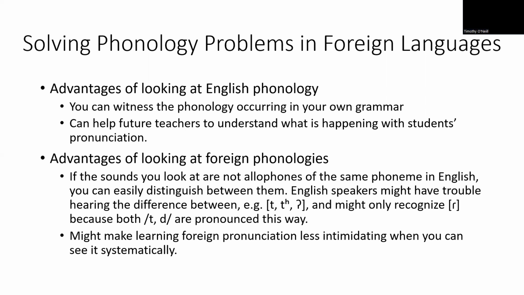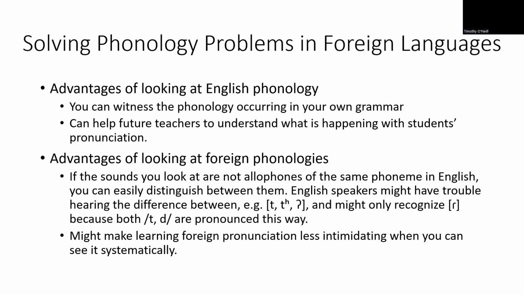But when people study phonology, they actually often don't look at their own language. Like I said, English speakers might have trouble hearing the difference between the T in stop and the T in top and the T in mountain. They might only know that that is a T either because of writing or because of the phonemic relationship. So if you study foreign phonologies, you can hear the difference.